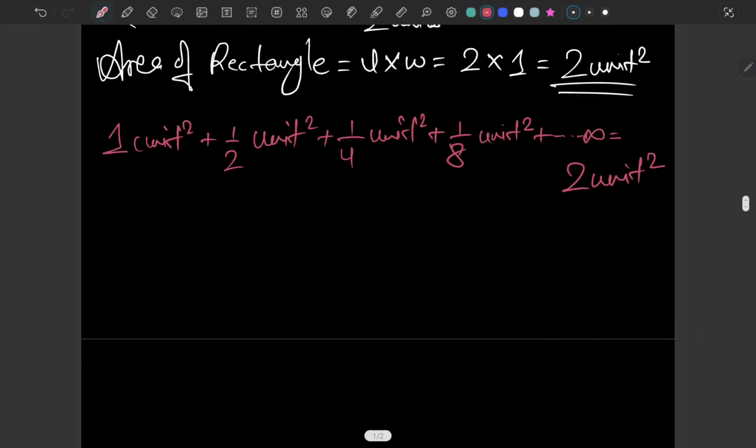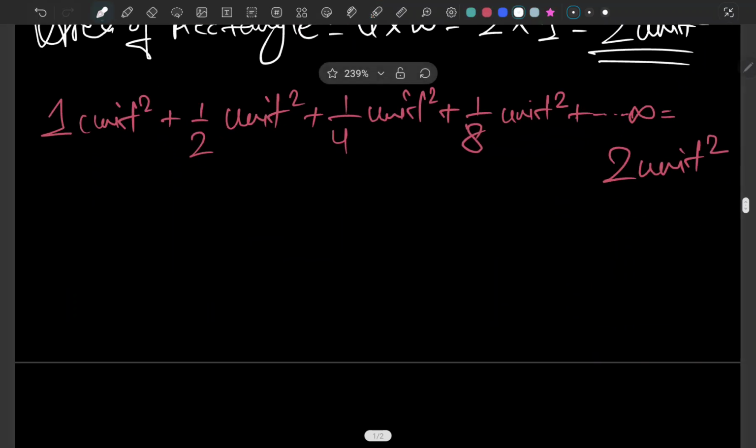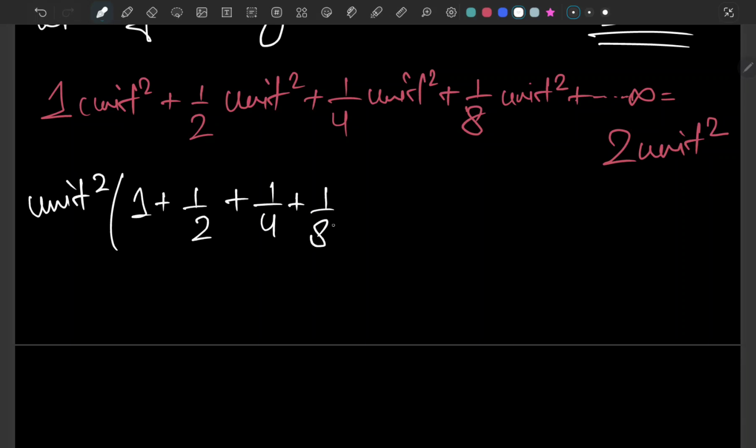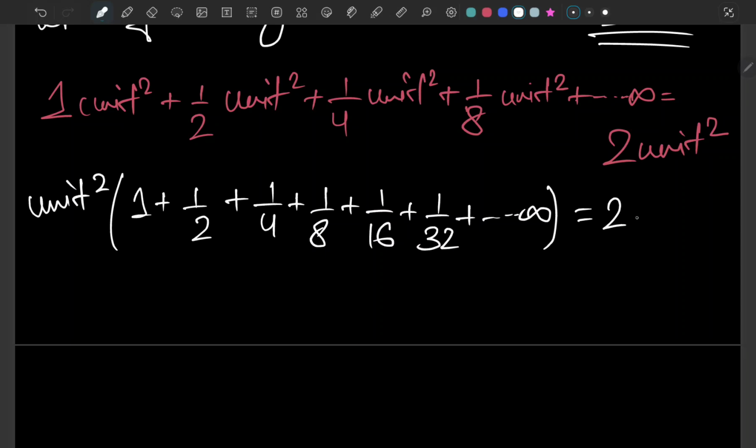So from here we can say that when we take the common unit squared out of this equation, it comes out to be 1 plus 1 over 2 plus 1 over 4 plus 1 over 8 plus 1 over 16 plus 1 over 32, and that just keeps going up to infinity, equals 2 units squared. And now we can cancel, although it's not strictly possible, but let's just assume this.